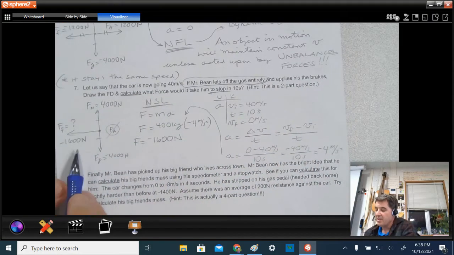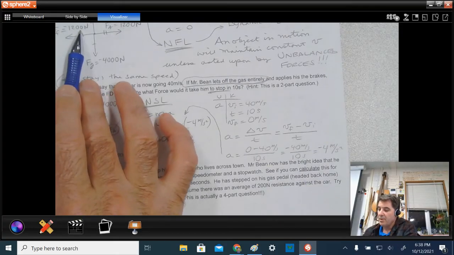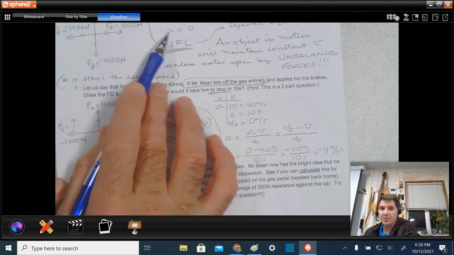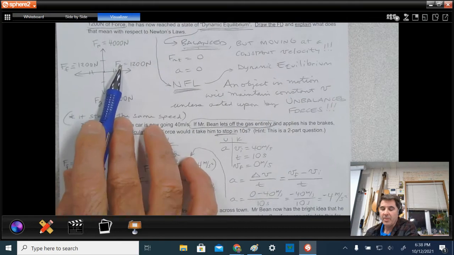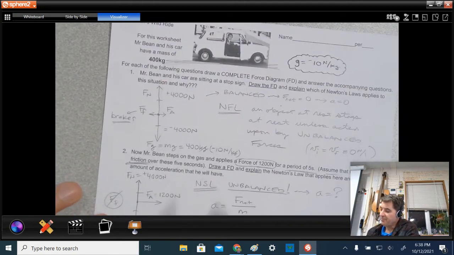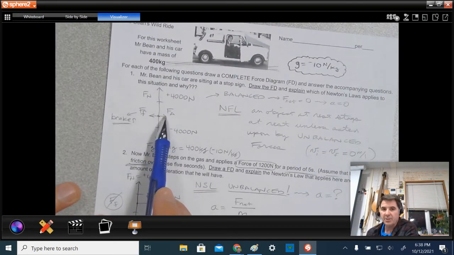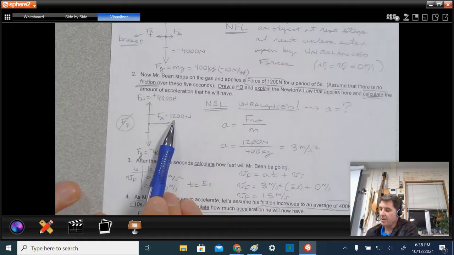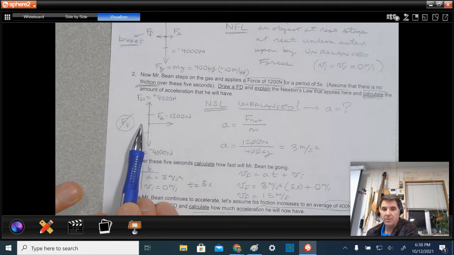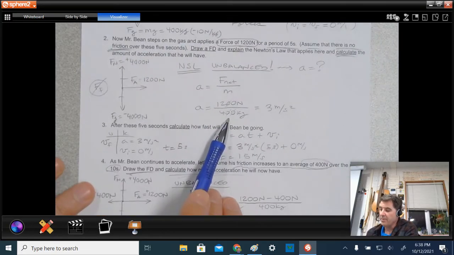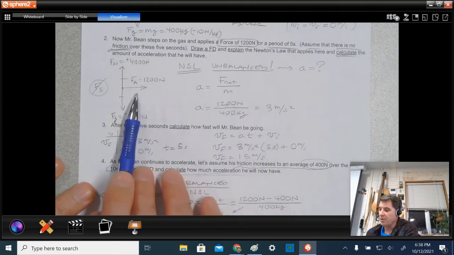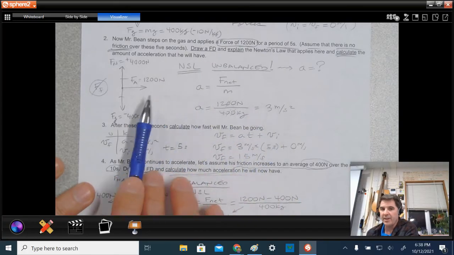And it makes sense. 1,600 divided by 400 is 4. This is 0, so the acceleration is 0, right? What about here? The net force here is 0, so the acceleration is 0. What about here? 1,200 minus 0 divided by 400 gives me 3 meters per second squared to the right, unbalanced to the right, accelerating to the right.